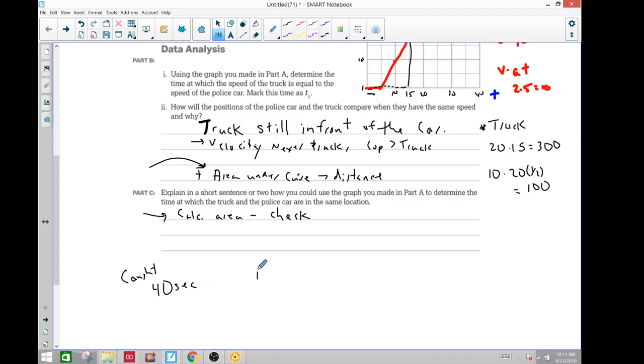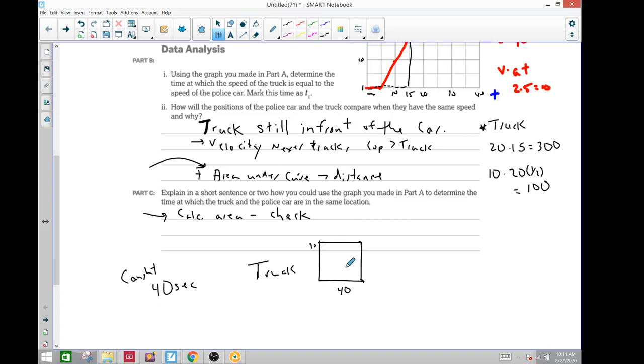All right, well, the truck is pretty simple at 40. At that point, my horizontal is 40, and my vertical is still 20. So we could just solve that out and say, okay, 20 times 40, and the last one was 15, so we've gone quite a bit farther. 20 times 40 is 800.